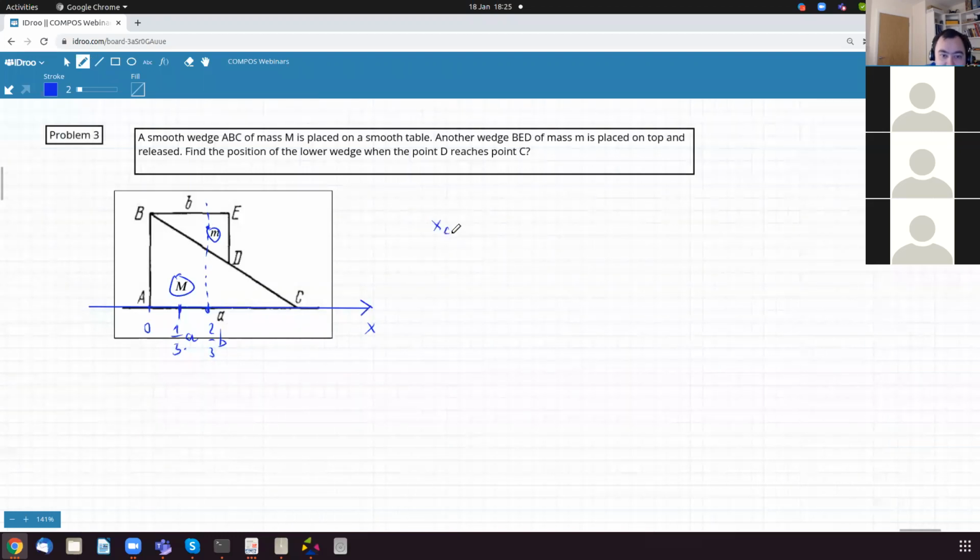So X center of mass is equal to big mass times 1/3 A plus small mass times 2/3 B, divided by m plus m.